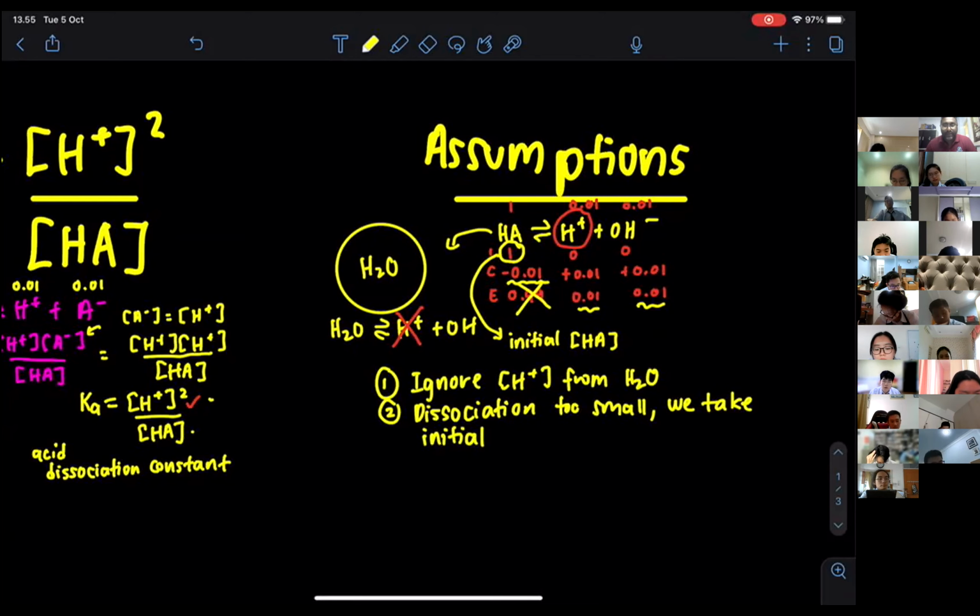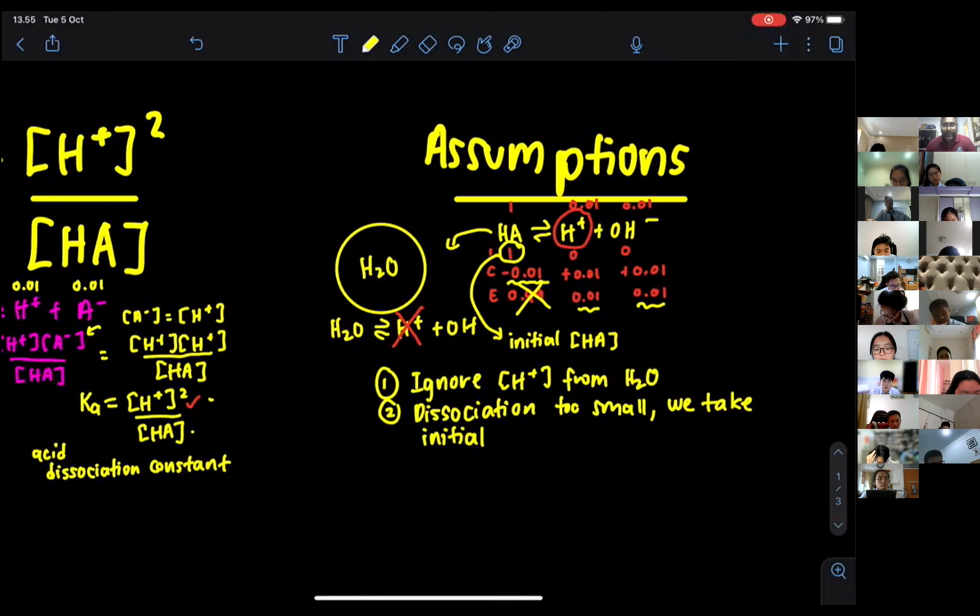This is going to be very, very important. We always use this whenever we are dealing with weak acid. The moment we deal with weak acid, automatically this formula is supposed to come in. Why? Because Ka is only valid for weak acid. You don't have Ka for hydrochloric acid, and you won't have Ka for H2SO4.